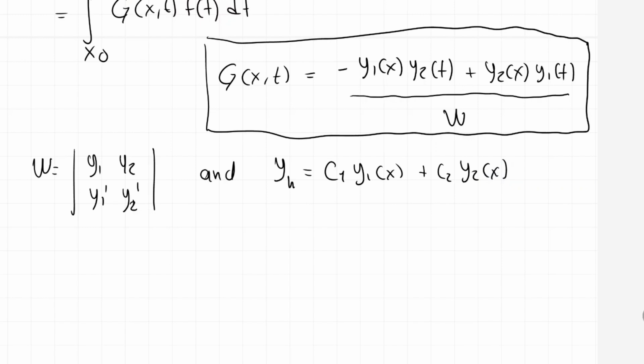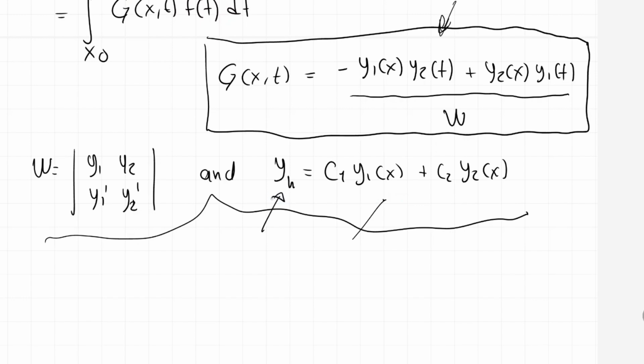Well, this is everything we need to define the Green function. That's why I rewrite it. So if you have this Green function, you need to know that y1 and y2 are linearly independent solutions that compose the homogeneous solution for the second order differential equation. And the Wronskian is taken for y1 and y2.